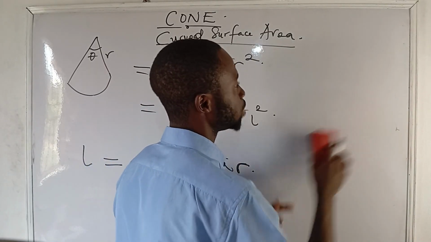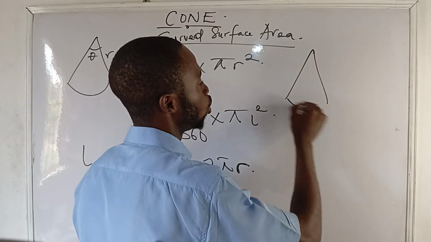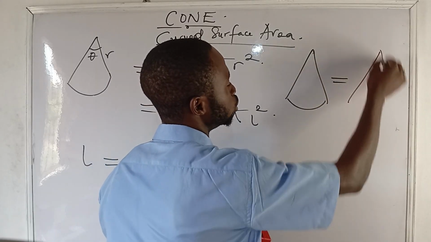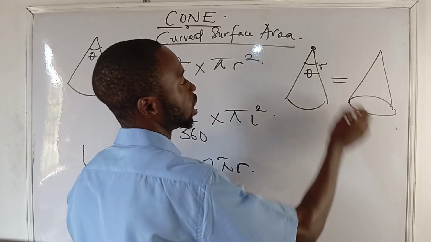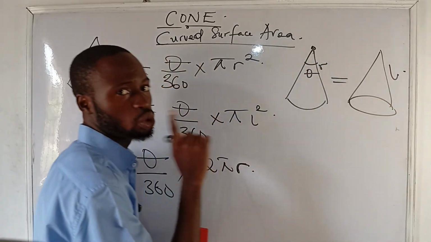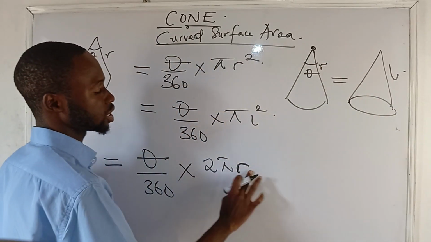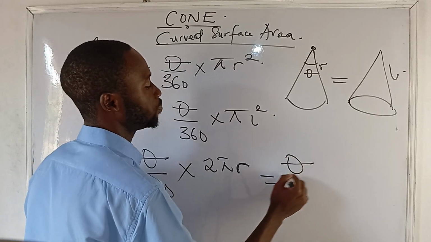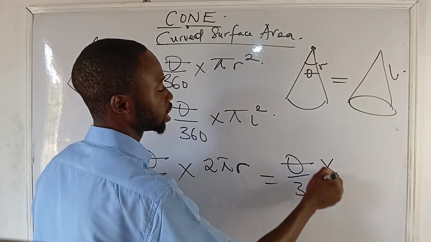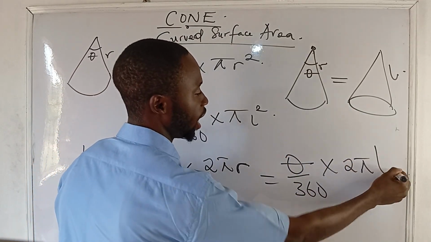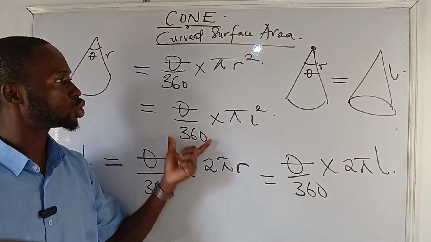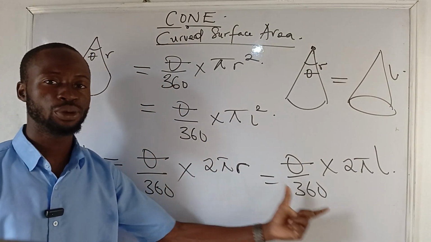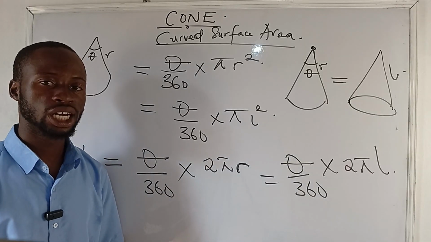Very important. So for the length of an arc, I will have theta over 360 times 2 pi L. So we have these two formulas here. Let's compare them together.